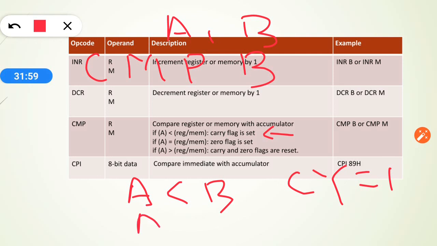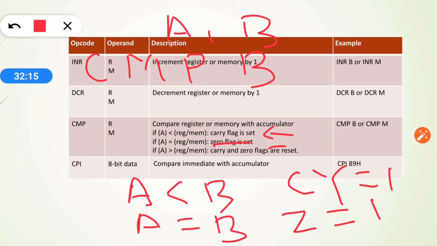Suppose A is equal to B, right? At that time the zero flag sets. That means the Z flag in your flag register is equal to 1.